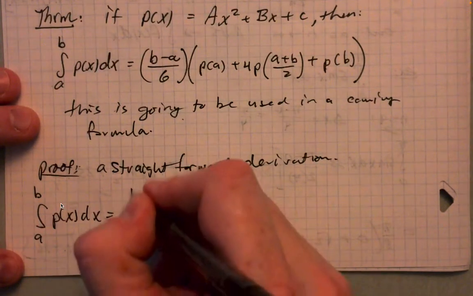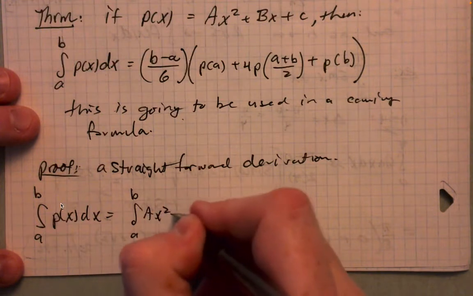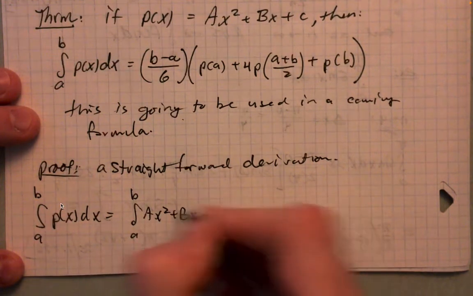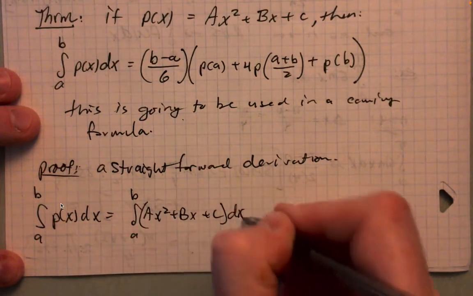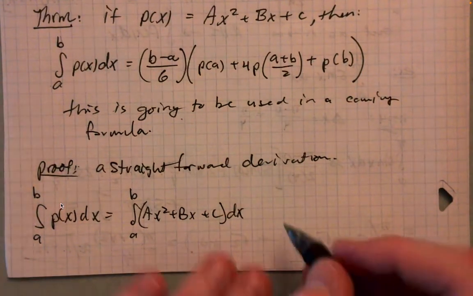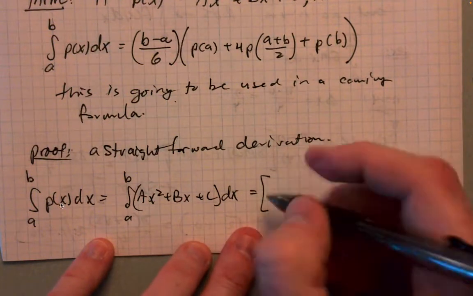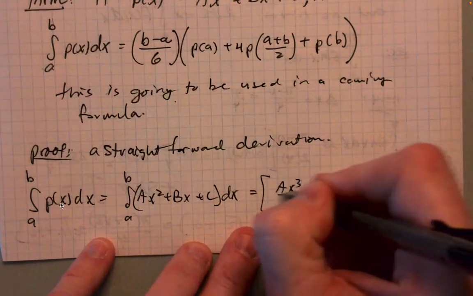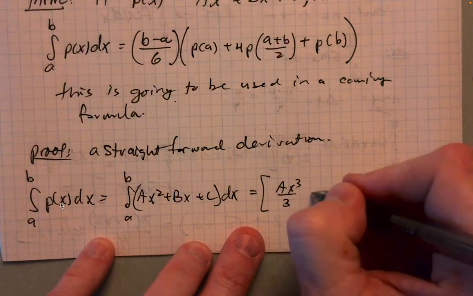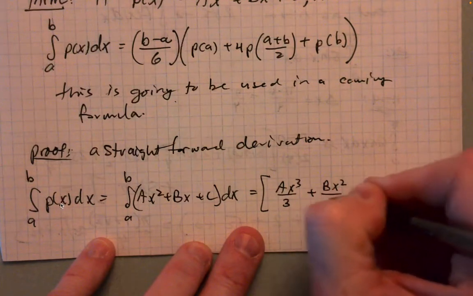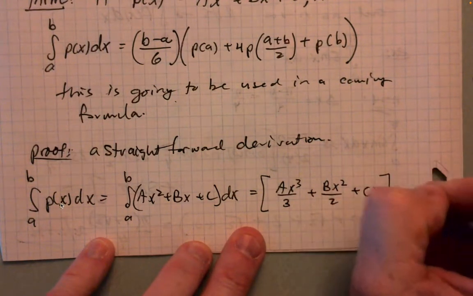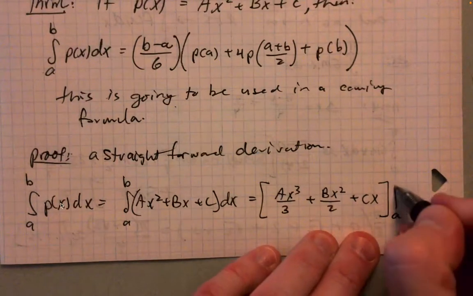So that's the integral from a to b of ax squared plus bx plus c, like so. And again, this is just a polynomial, so we can quickly do this. It is ax cubed over 3 plus bx squared over 2 plus cx, evaluated from a up to b.